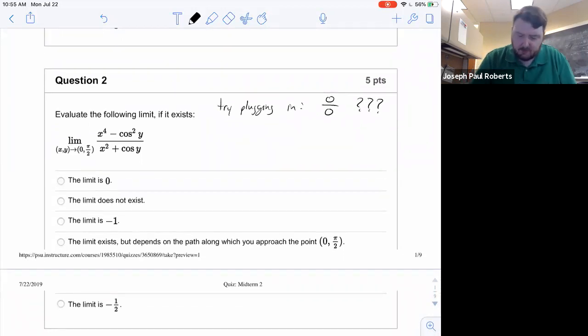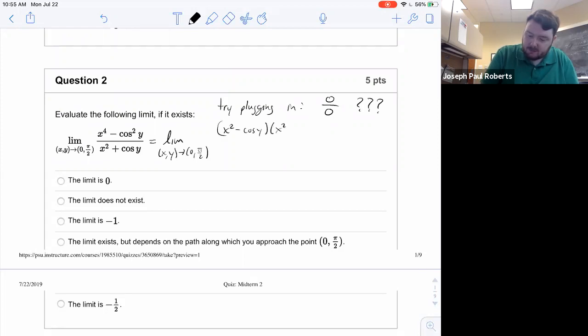What we were hoping for you to recognize here is that this numerator looks like a difference of 2 squares. So this is x squared minus cosine y times x squared plus cosine y in the numerator. And of course, x squared plus cosine y is what we have in the denominator, so that cancels, and we get the limit of x squared minus cosine y.